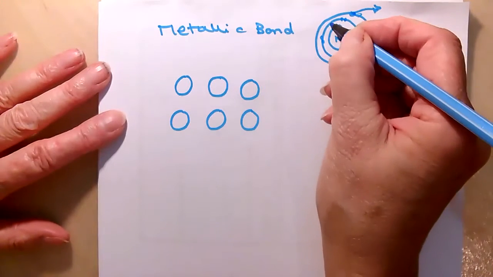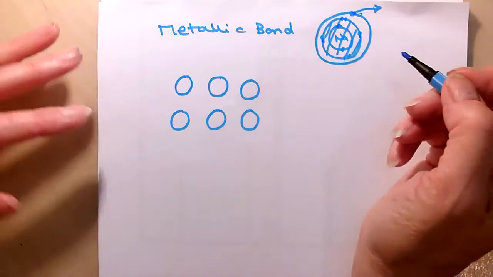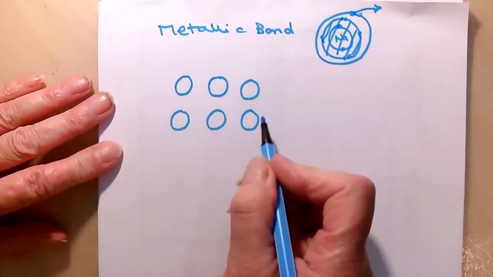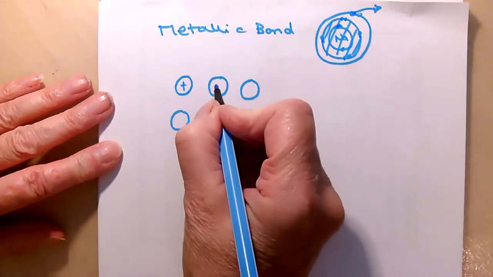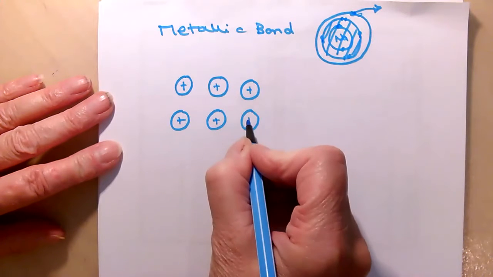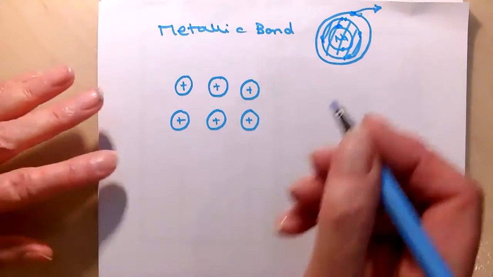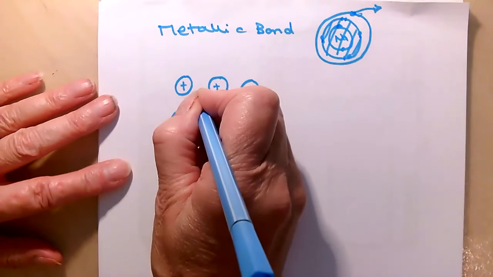So what we've got is a sodium ion that's a little bit smaller. This represents the sodium ion that's just a little bit smaller, and the space in there is taken up by those electrons that have come away.